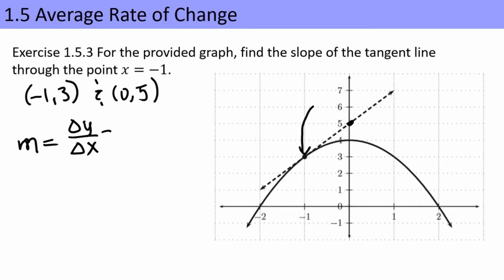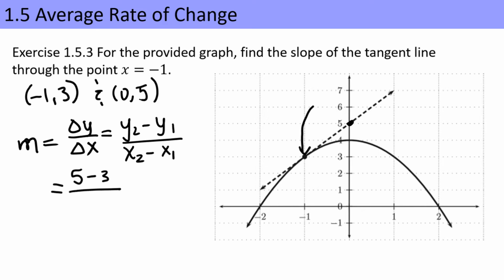So let's make it fit the formula for the slope, which is y2 minus y1, divided by x2 minus x1. So we'll have 5 minus 3 divided by 0 minus -1.